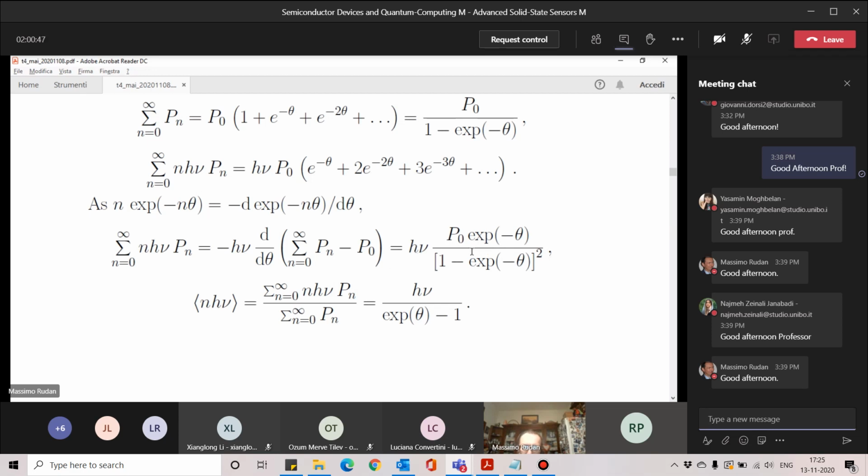So the average is the numerator divided by the denominator, and you find h_n divided by exponential of theta minus 1, that is exactly the expression of the average energy used by Planck. So qualitatively the calculation is straightforward.